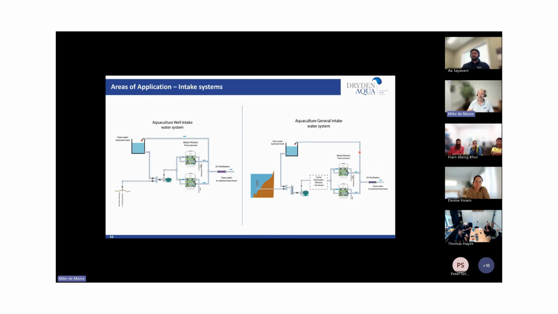Intake seawater systems. We are huge on intake seawater systems for aquaculture because of our filtration down to 1 micron. We have many large shrimp farms on seawater intake systems with AFM. Also down in Tasmania, we have intake seawater systems.